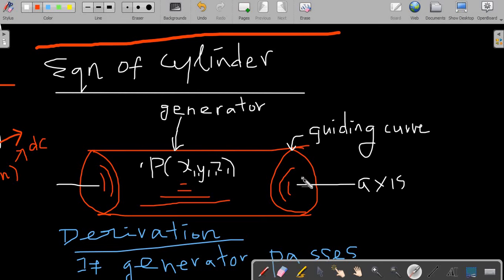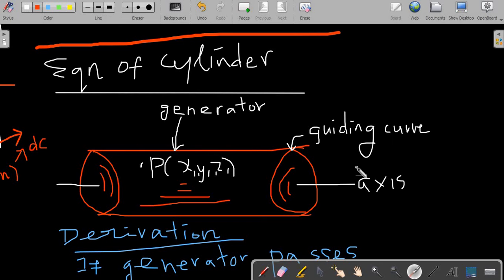Okay, very interesting. Now all the surface points are the points which are the intersection of this guiding curve and the generator, which also involves this axis line. Okay, this axis line also.